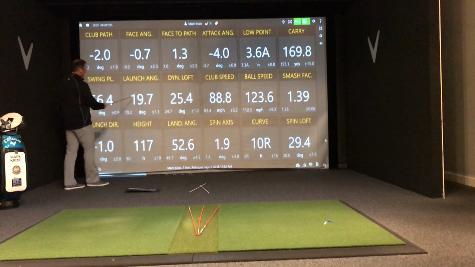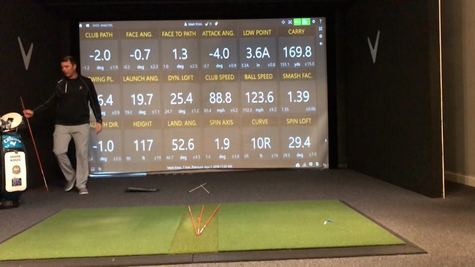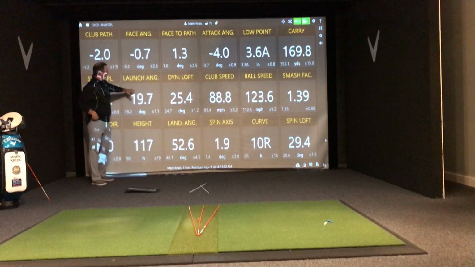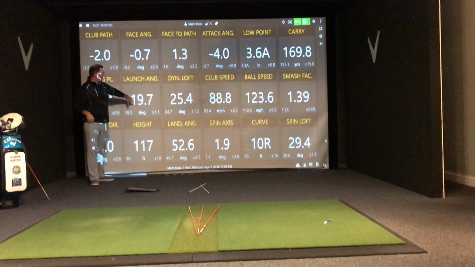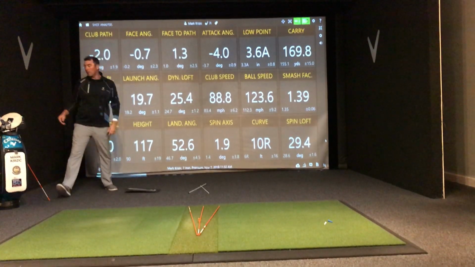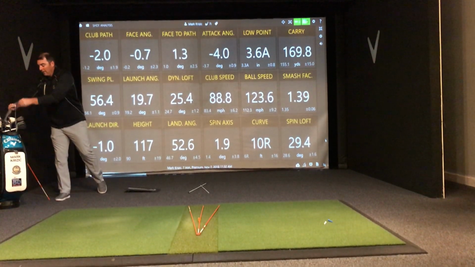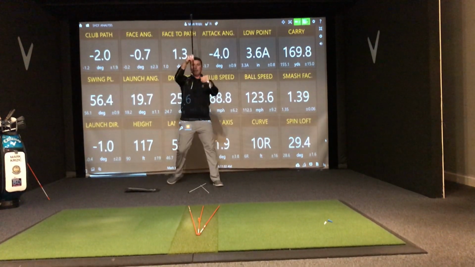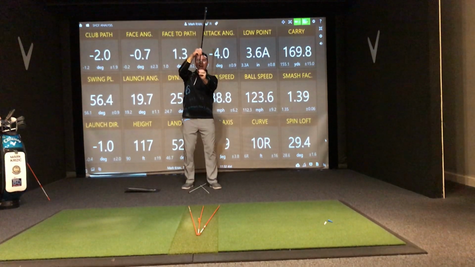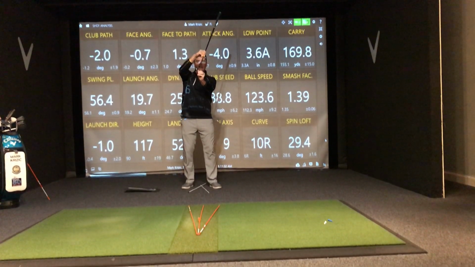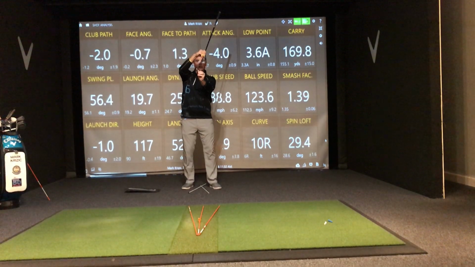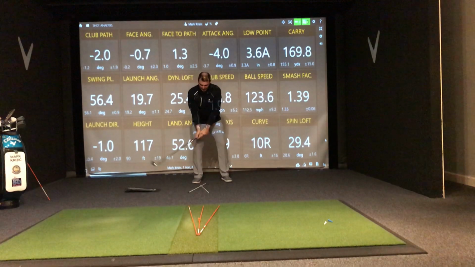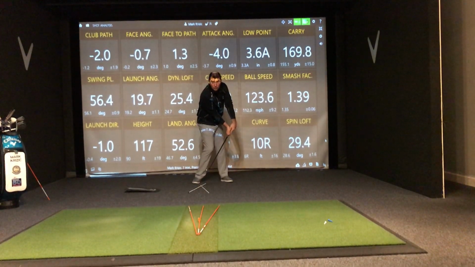Launch angle. Love launch angle. Launch angle is part of the reason why a tour player with a 7-iron can launch his 7-iron at 15 degrees. What does that mean? 19.7, right? A launch angle looks like this. If I'm launching the ball and I'm turning the face down, my launch angle is going lower. If I have my hands and I do one of these, this is a low launch angle.